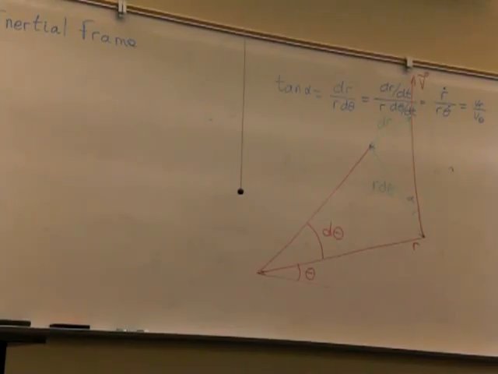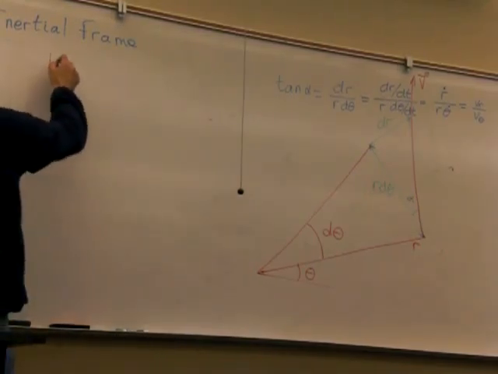And there are infinitely many inertial frames once you have one, because any other frame that is just in translation with a constant velocity with respect to the inertial frame is also an inertial frame.